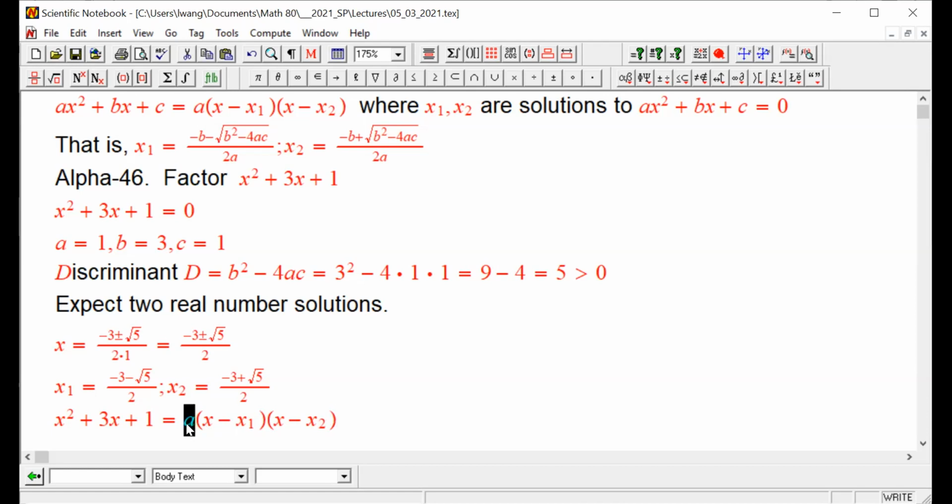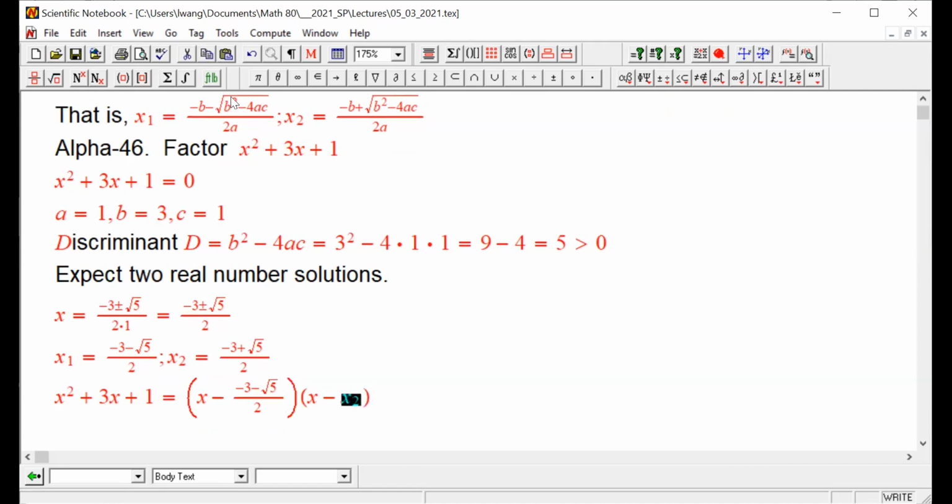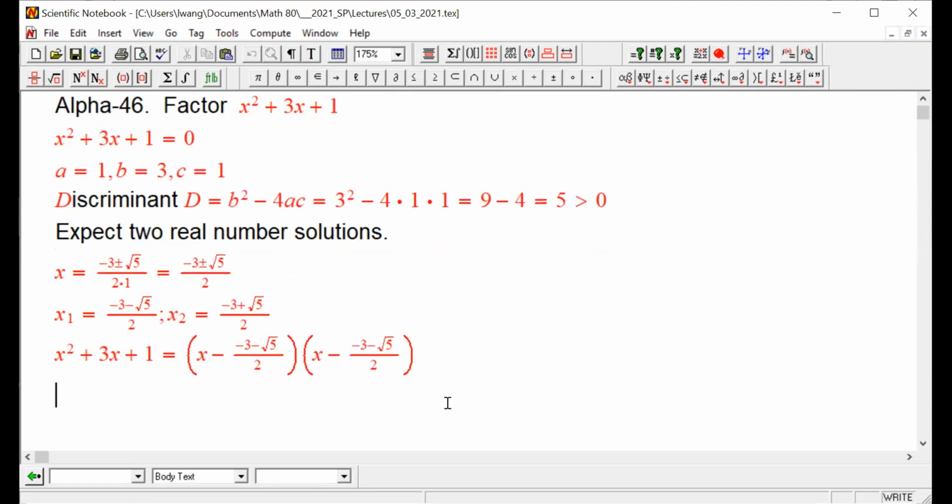A is 1 here, so you don't have to write it. And what is x1? x1 is this guy. I want you to have your paper and pencil with me. Don't just watch, you need to write it down. So those are the factors.